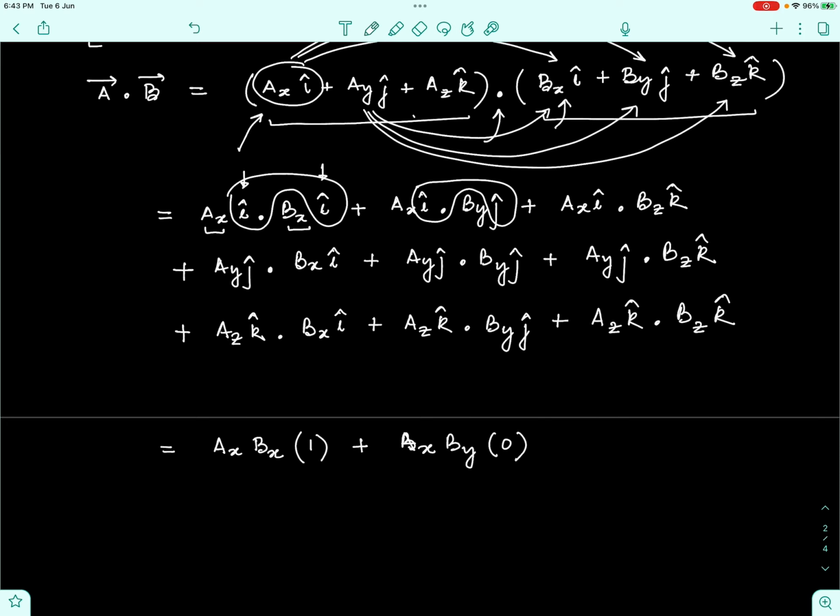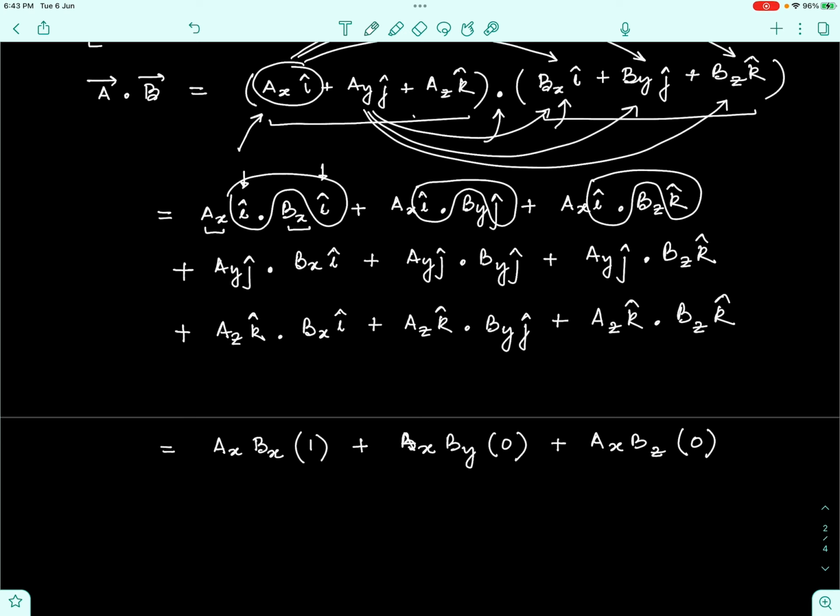So the second term goes to 0 because it contains the dot product of 2 mutually perpendicular vectors, plus the third term ax bz into i cap dot k cap, which will also be 0. i cap and k cap are also perpendicular vectors, so this term will also go to 0 because of that.